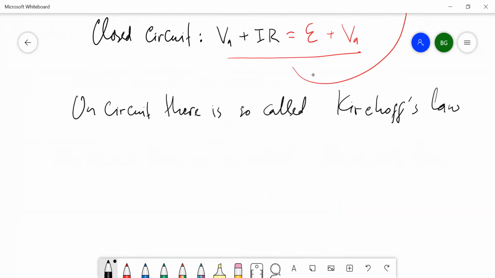So there are two points here. The first one is that the number of charges is conserved on the circuit. Yeah, it is conserved.